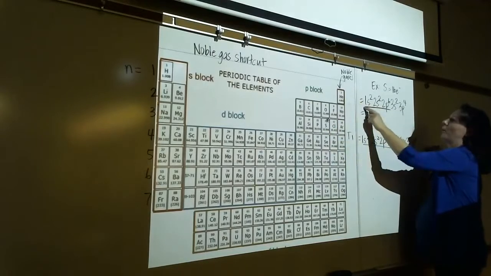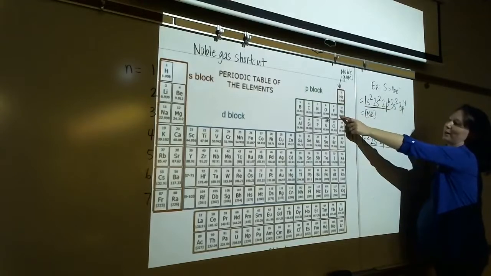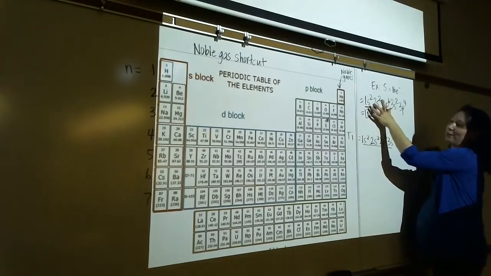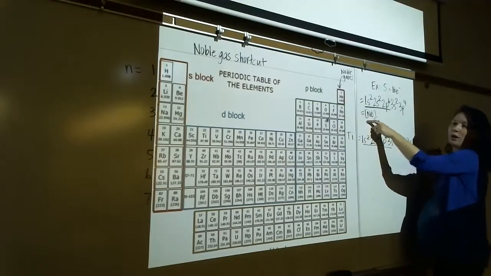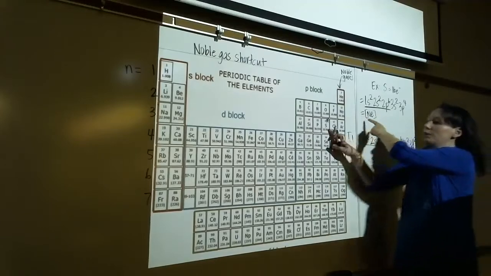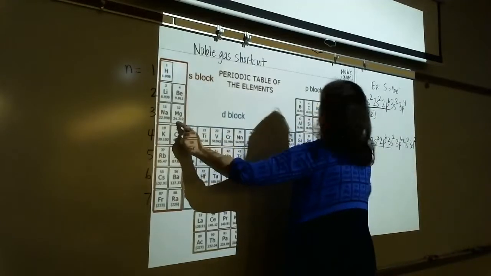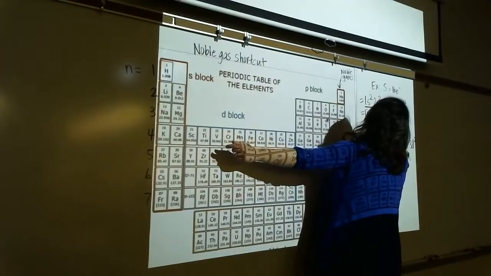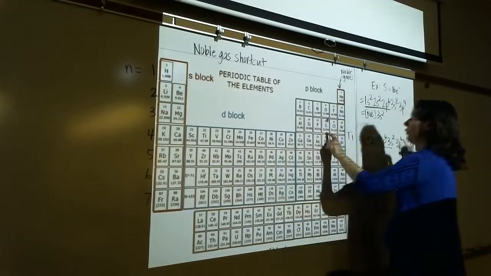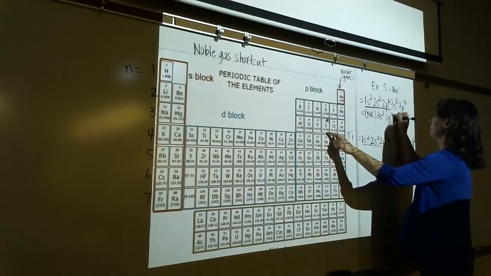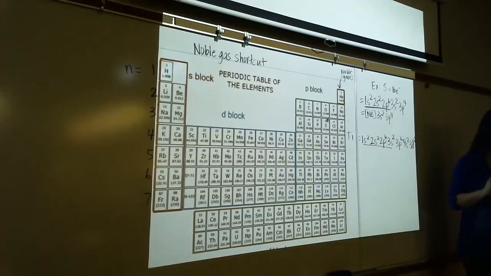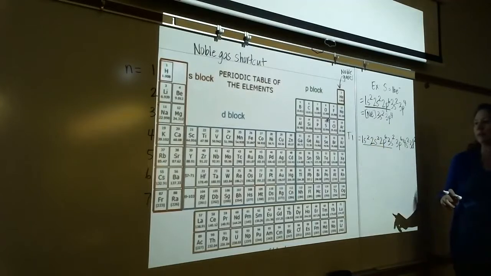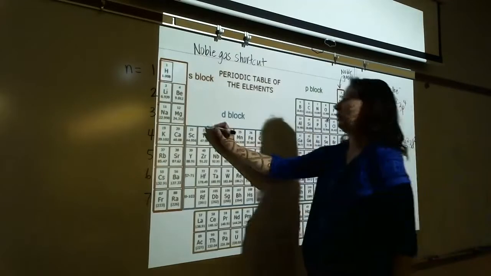1s2, 2s2, 2p6 get you right here. So neon takes care of this, and all you have to do are the leftovers in your particular row. So 3s2, and then 3p, 1, 2, 3, 4. Pretty neat, huh? So if we were going to do titanium using the shortcut, titanium's right here.